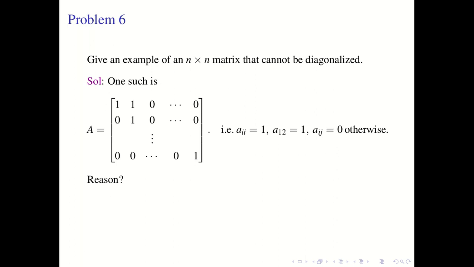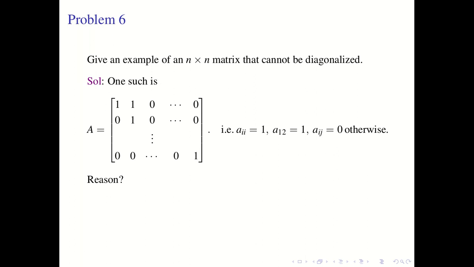You can take it to be anything. But now, if you look at the eigenvalues, they are nothing but 1 with algebraic multiplicity n.